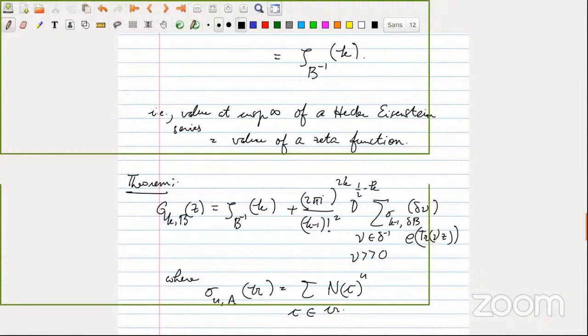So it reflects whatever we have seen in the case of elliptic modular forms. This is the good thing.